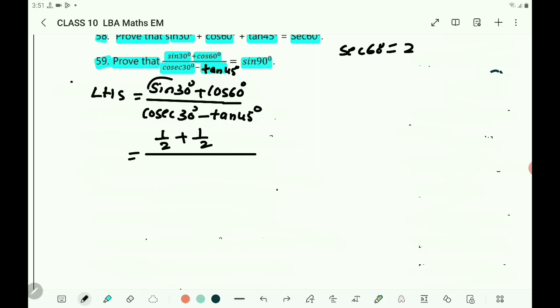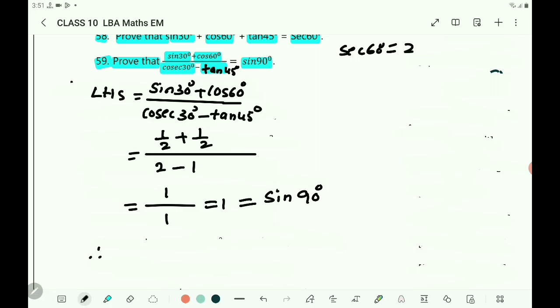Cosec is the reciprocal of sin. So as sin 30 is 1 by 2, cosec 30 is 2 minus, what is the value of tan 45? Tan 45 is 1. Equals 1 by 2 plus 1 by 2, half plus half is 1. 2 minus 1 is 1, which is equals to sin 90 degree.